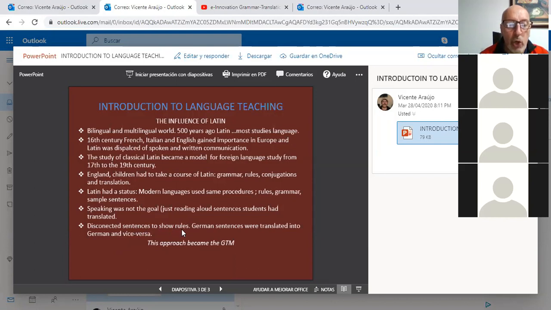So they taught rules with disconnected, isolated sentences, and real sentences. German sentences, for example, were translated into French, and vice versa.